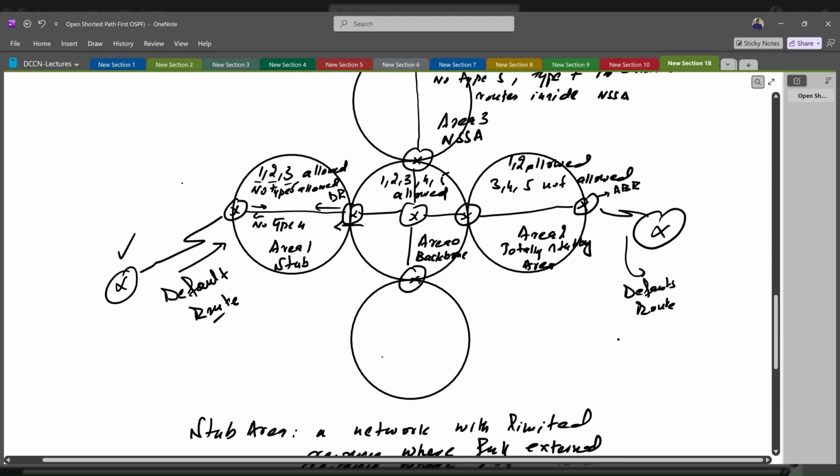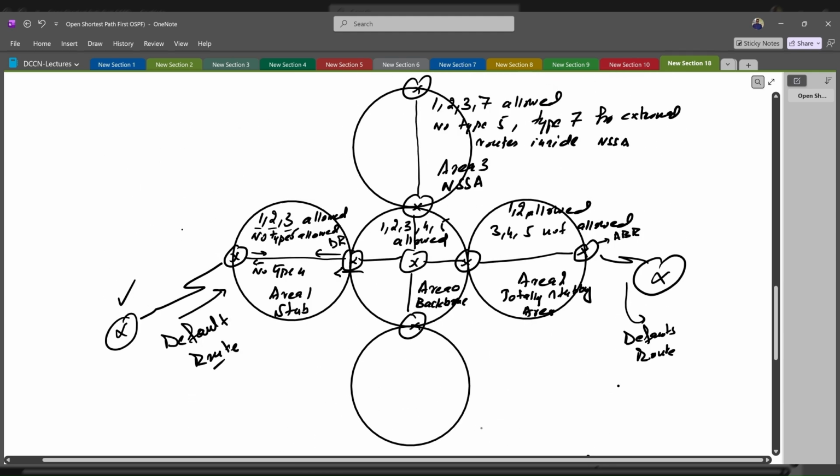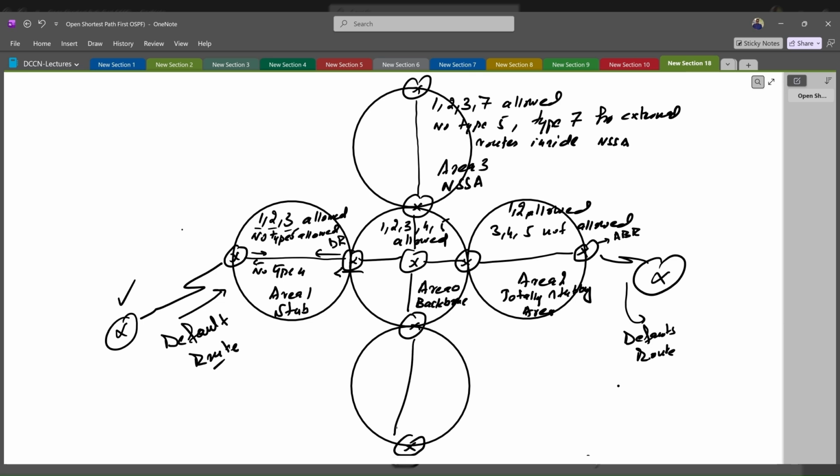Then we have area 4 here. There is another router. This is area 4, and area 4 is what? Totally not so stubby area, NSSA. And what does this mean?